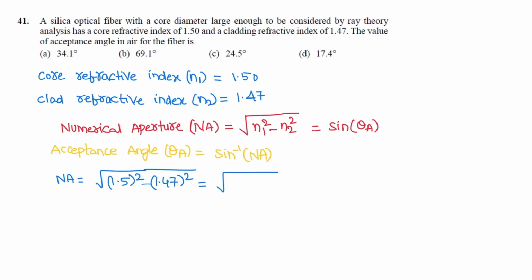2.25 minus 2.1609, square root of 0.0891. So the value of numerical aperture is 0.2985.